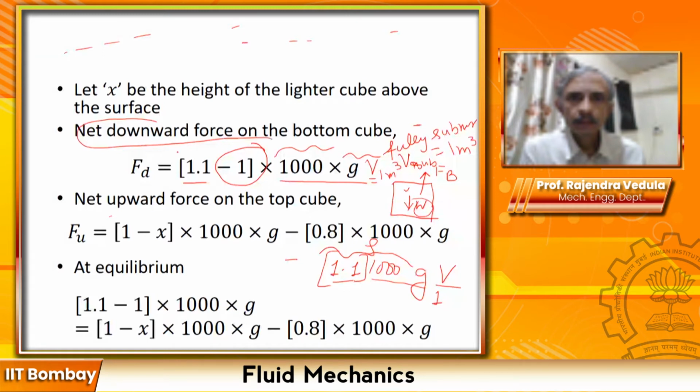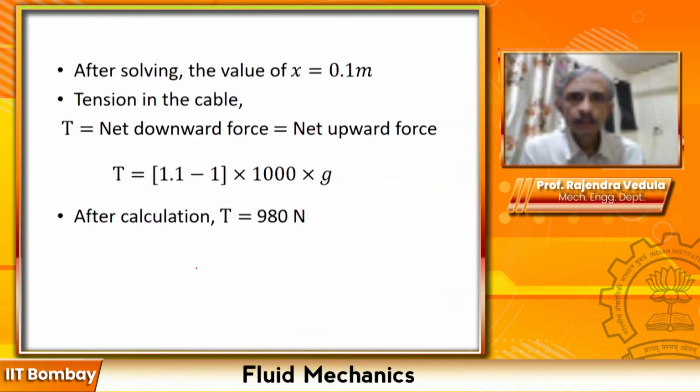At equilibrium, both are the same, and therefore the net upward force is equal to F net down, right? And this is going to tell me what this x is going to be. You can go ahead and do the algebra and you can get x as equal to this.